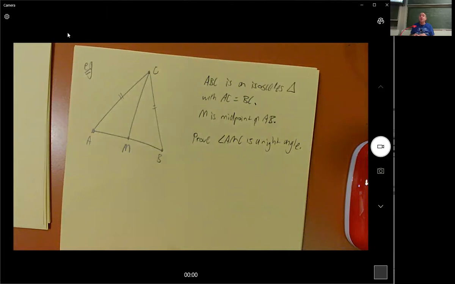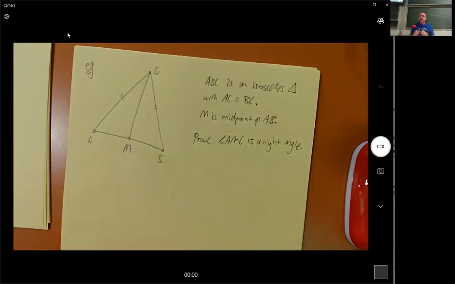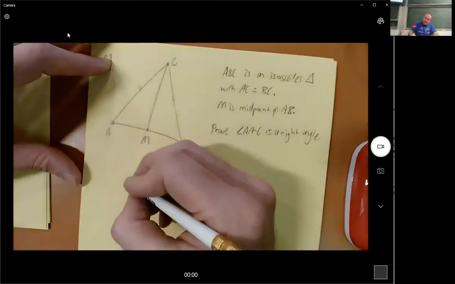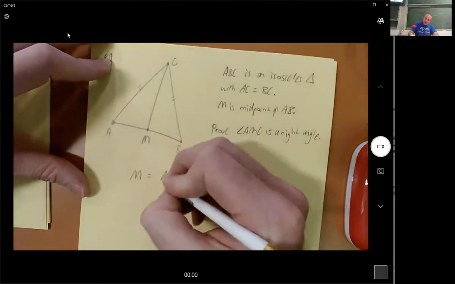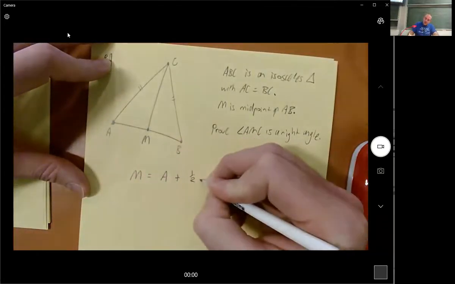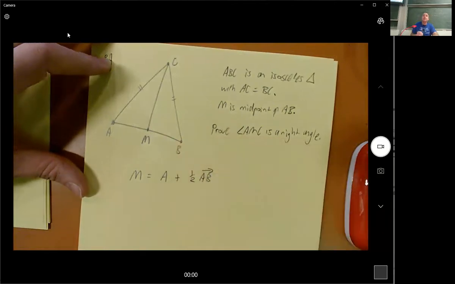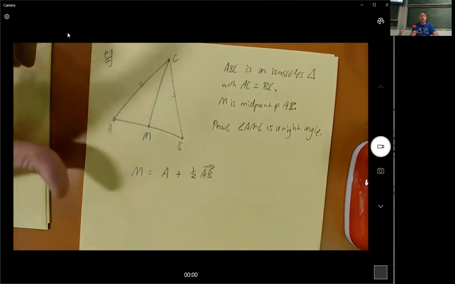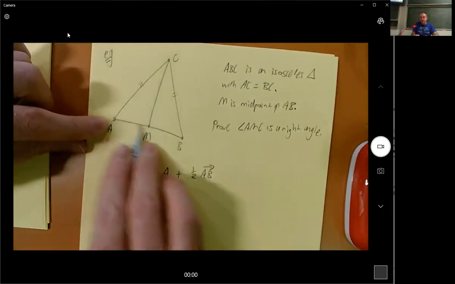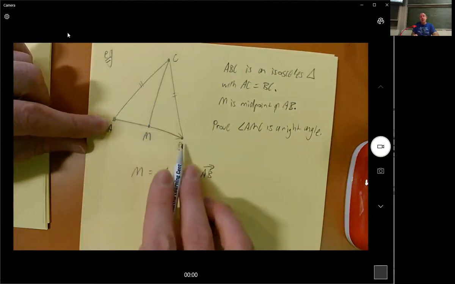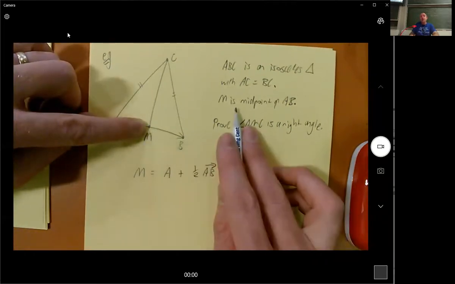Okay, not sure how I'm going to do it at all at this point. But I do know some things, that M is A plus half of the vector from A to B, because it's the midpoint. The vector from A to B gets you all the way from A to B, and if I went halfway, that would be the midpoint.